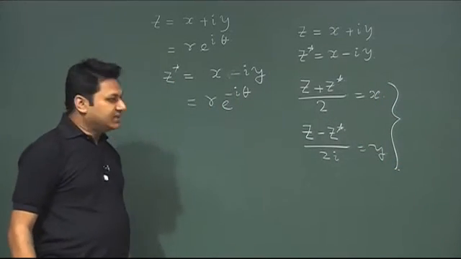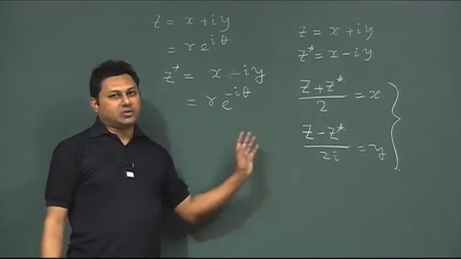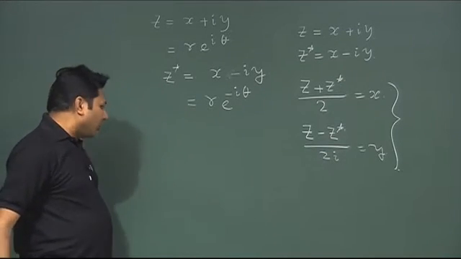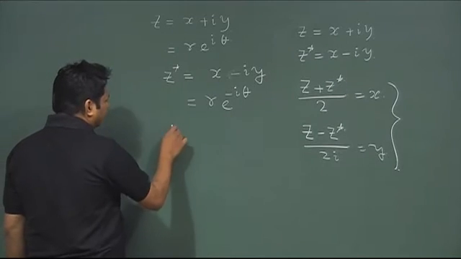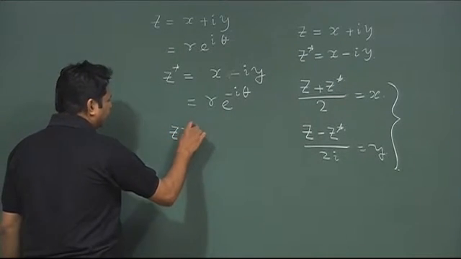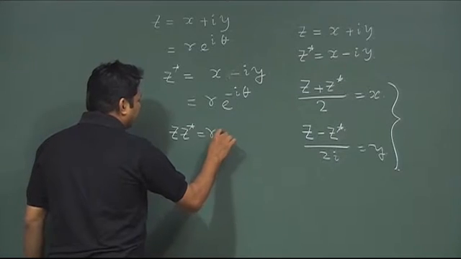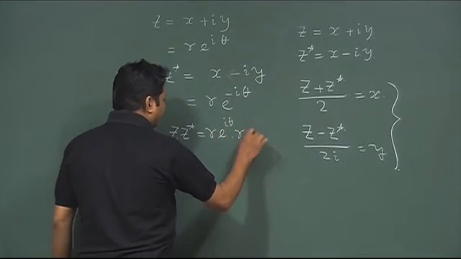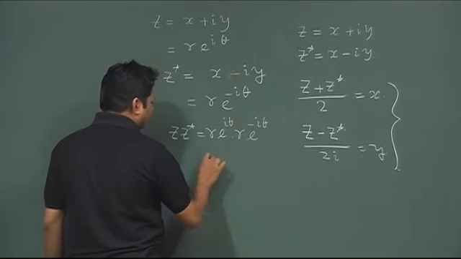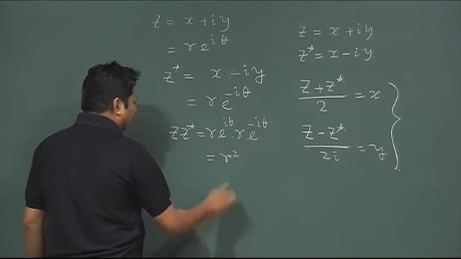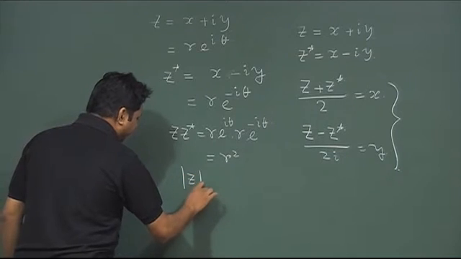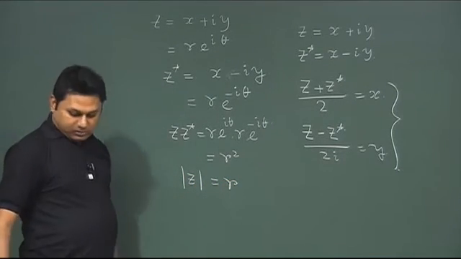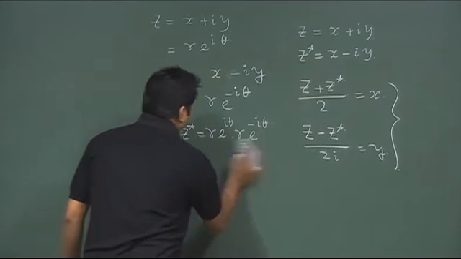It is just a relationship between z and z star with x and y, nothing special here. Also, from this you can readily understand that z star times z is equal to r e to the power i theta multiplied by r e to the power of minus i theta, which is nothing but r square. So mod of z is equal to r, the same thing in a different way.